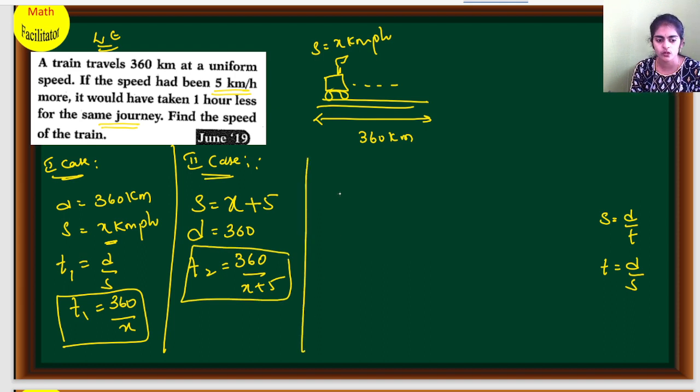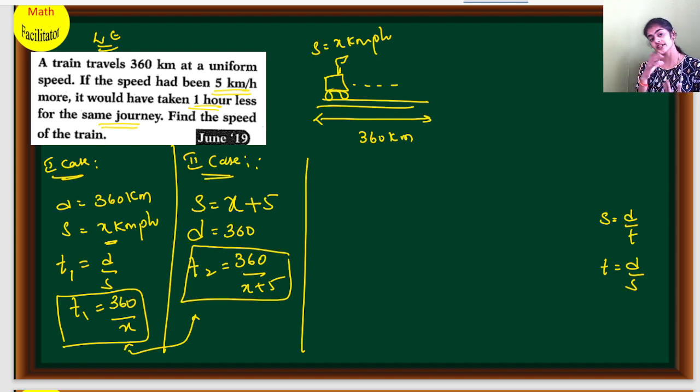Now here you will have to find the relation between these two times. They are saying it will take 1 hour less. Now which time is more, which time is less? Can you tell me? Just now I told you wherever the speed is less, time is more. If I am going with 40 kilometer speed, I'll take longer time to reach my destination.